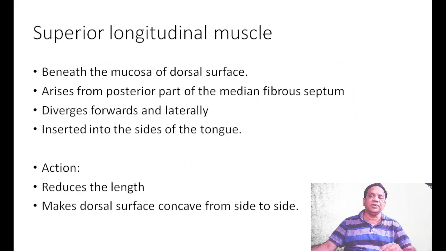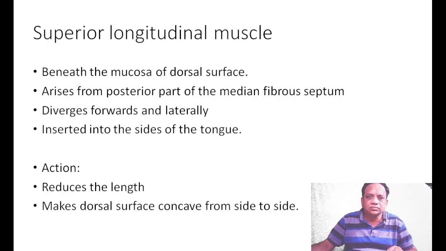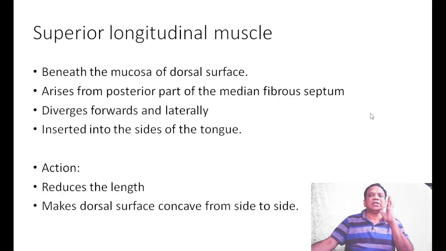So now coming to the intrinsic muscles, and among them is the superior longitudinal muscle. Before going into that, I would like to say one thing: the tongue consists of a fibrous septum, because during development the tongue developed from two sides.